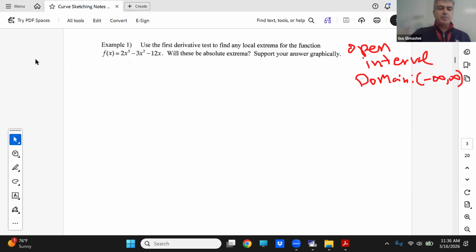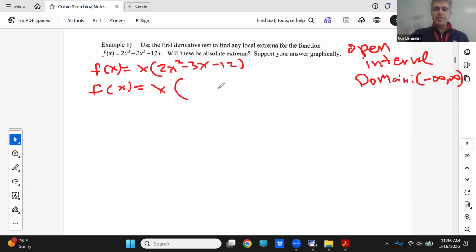So let's do this. First off, we probably want to just factor in general. What can you factor out in general? What can you take out? What's left behind? Okay. And then can you factor further? How do I factor further?